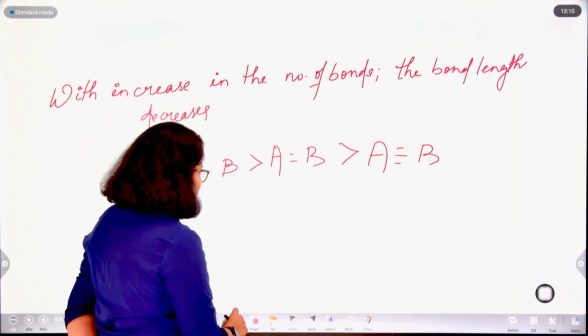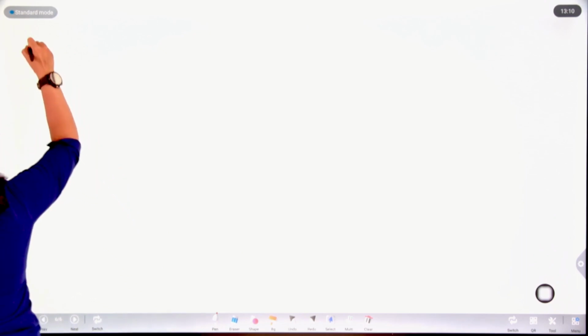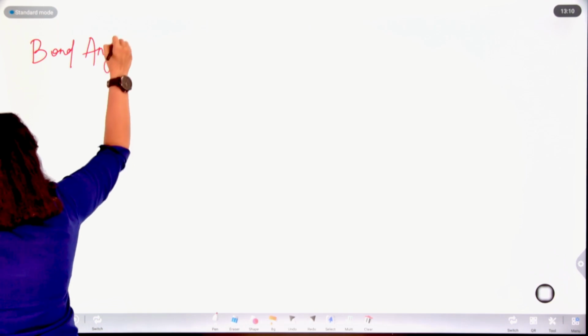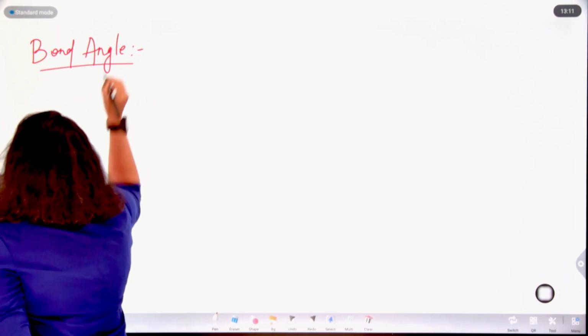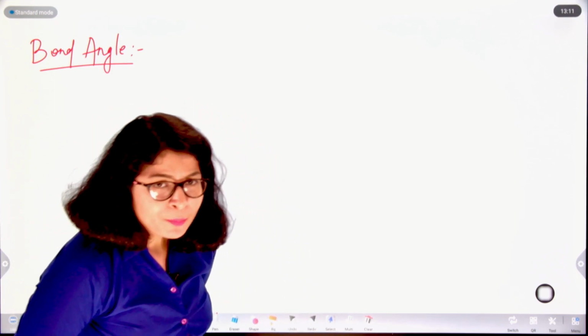Now we'll move on to the next parameter, which is bond angle. So how do we know a bond is formed? A bond is formed by the overlapping of orbitals, right?